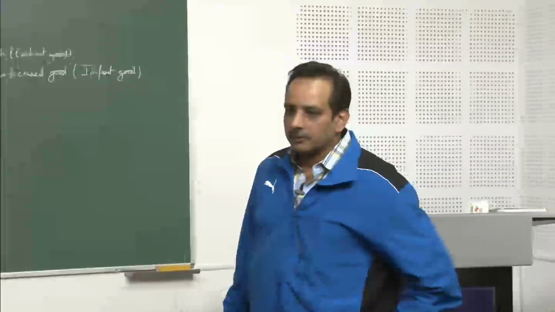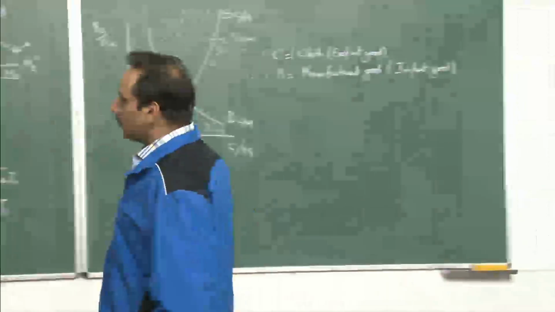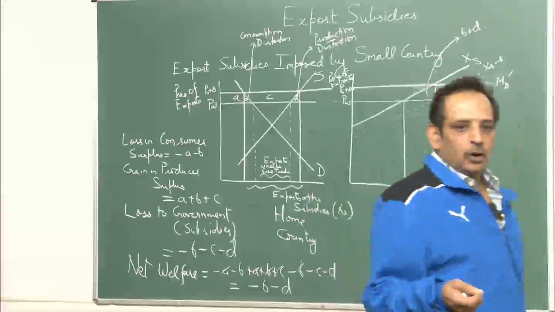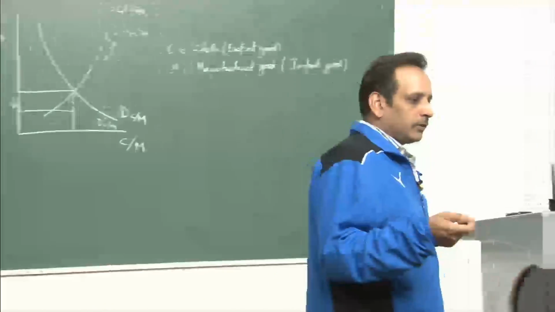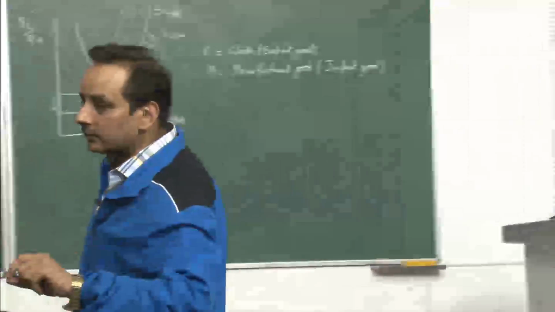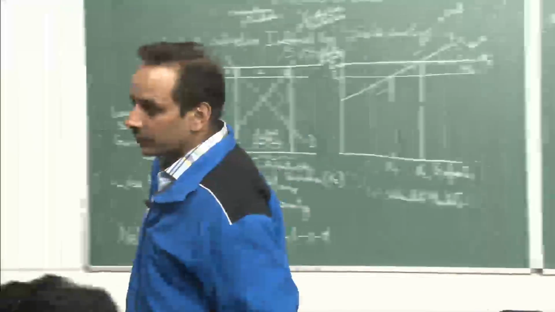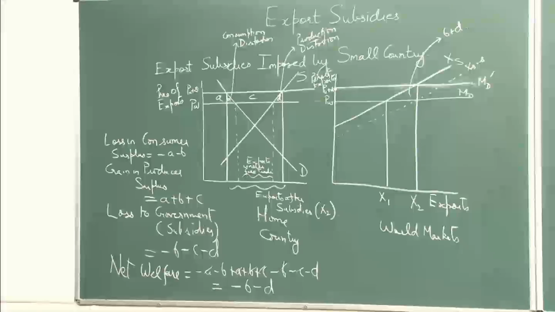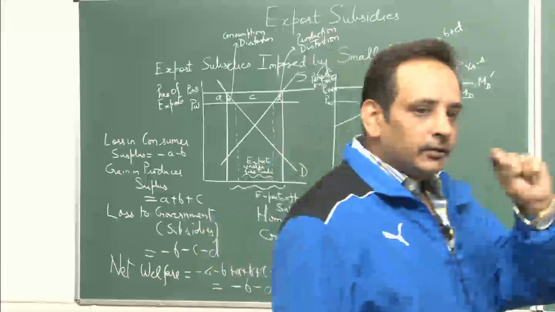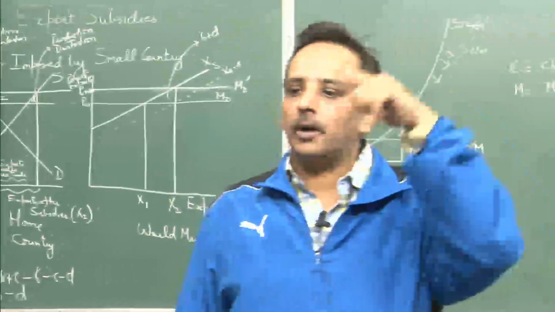Now, see the mechanism, how export subsidies work. It's the same as when you impose tariffs on a product which is coming in: it creates a wedge between the domestic and the international prices, and the domestic price of the imported good increases. Here, when export subsidies are given for a product, the export price of the export good goes up.